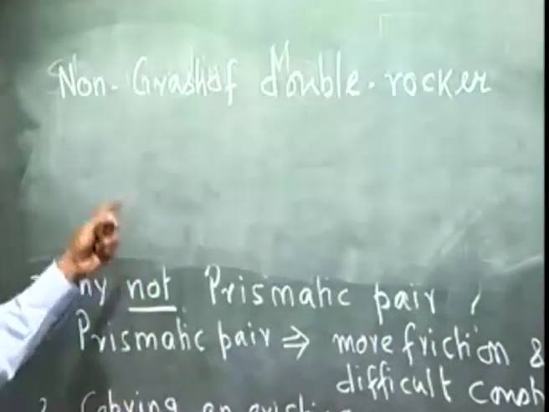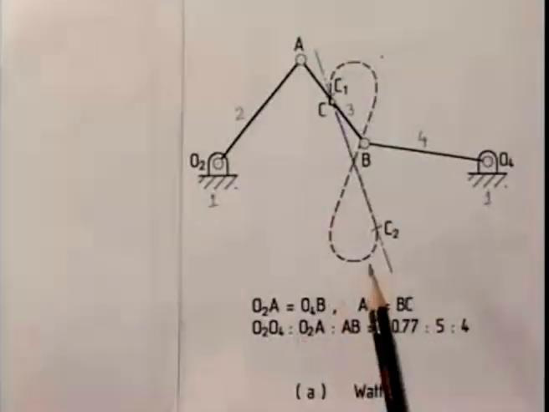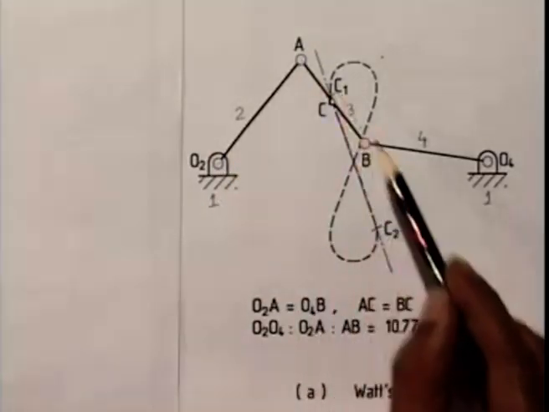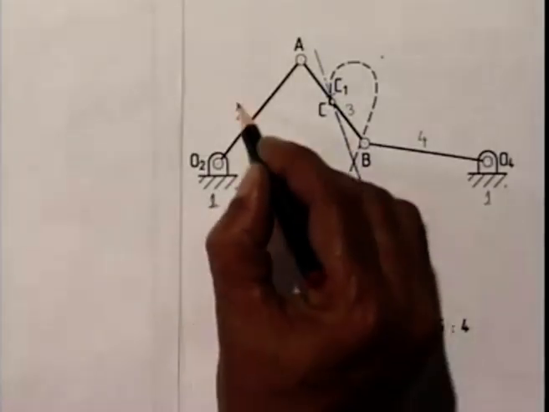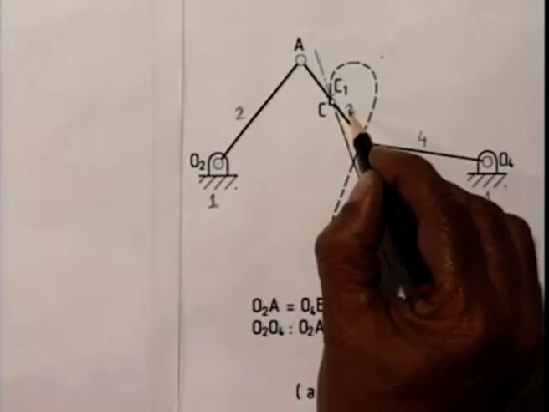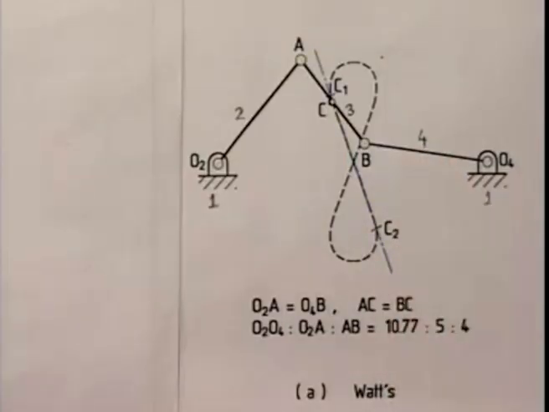Now I shall show you the figure and explain how it is achieved. This figure shows the sketch of what is known as Watt's approximate straight line mechanism, as it was first designed by James Watt. As we notice, this is a 4R linkage with fixed link number 1, link number 2 is O2A, the coupler link number 3 is AB, and O4B is link number 4.